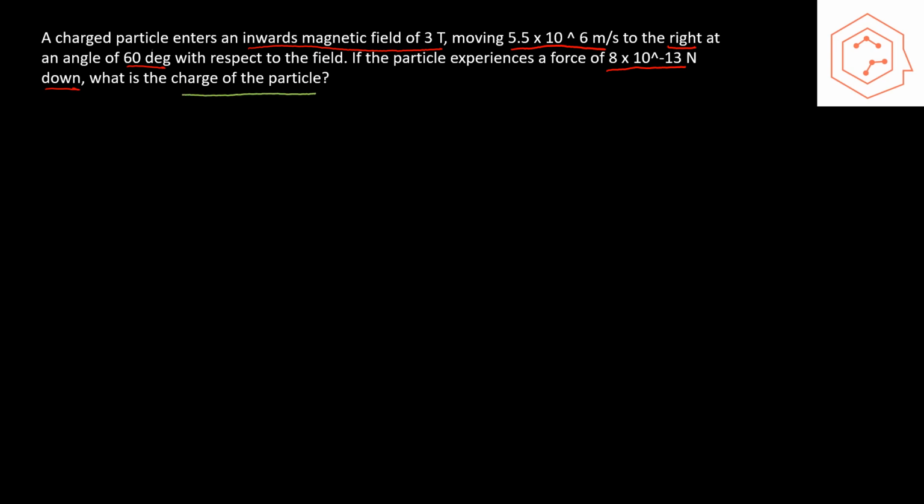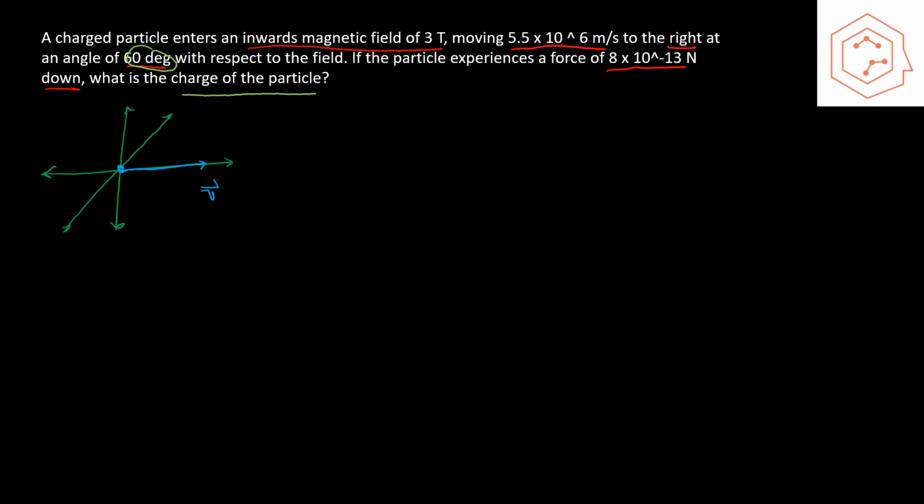Since we have an angle that is not equal to 90 degrees, we're probably going to want to use 3D axes for this problem rather than sticking to 2D. So we have our 3D axes. I'll draw my velocity as my reference, so it's going to be moving to the right. My magnetic field is inwards.